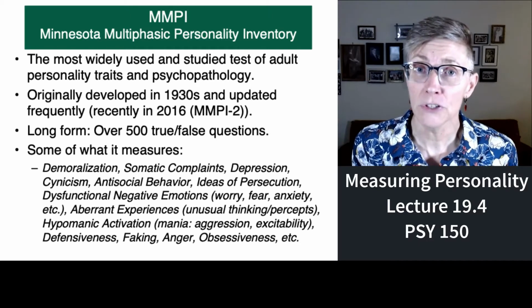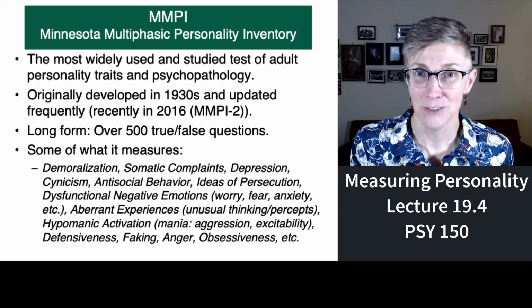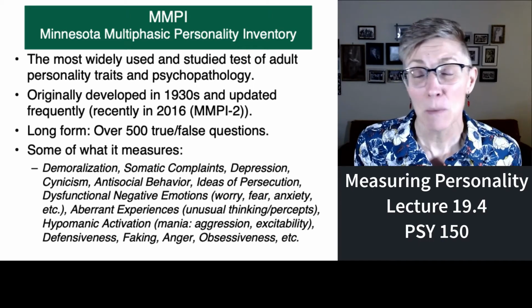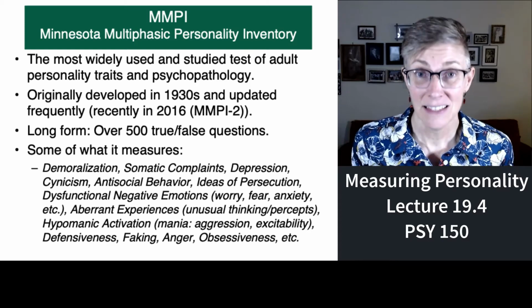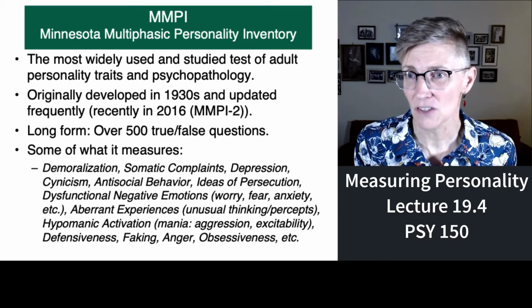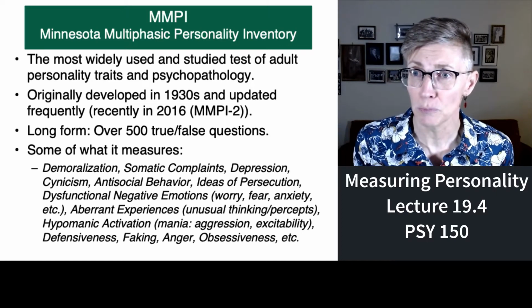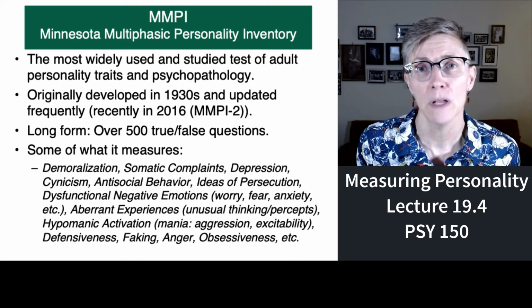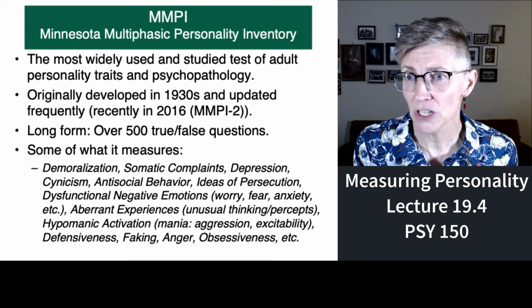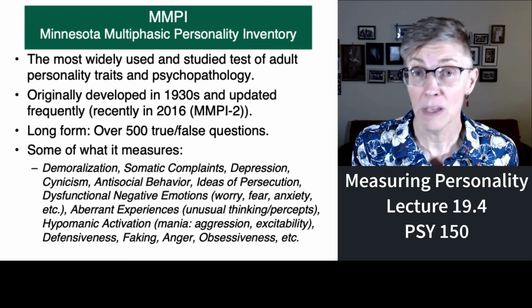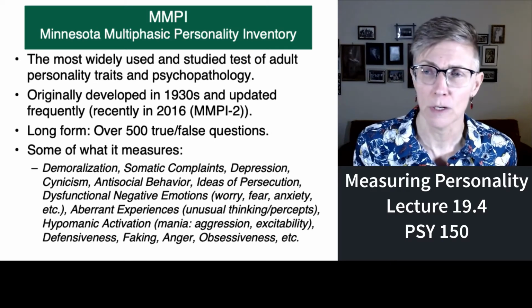The long version of the MMPI has 500 questions in it. But it can identify consistently a lot of different things, like whether somebody is cynical or demoralized or depressed or suffers from beliefs of persecution, or whether they're faking a mental illness or they're angry or they're obsessive.